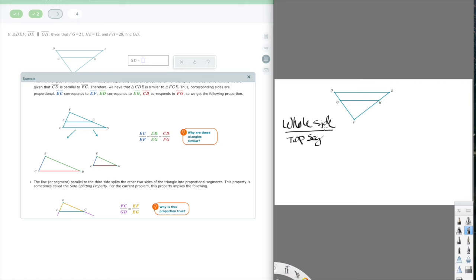And what I mean by top segment is I'm assuming that the triangle will be right side up and we're going from the point down. So just be careful about that. I don't want to say smaller segment because that's misleading, because then you might think that it's FC.